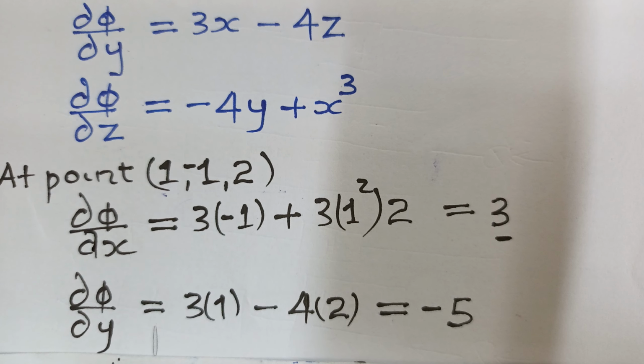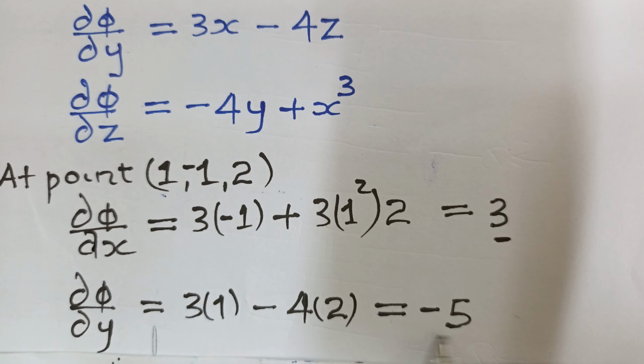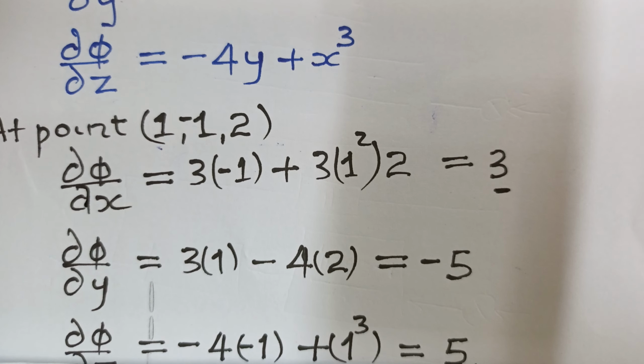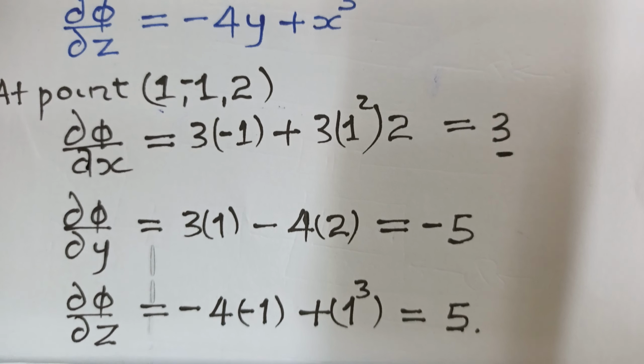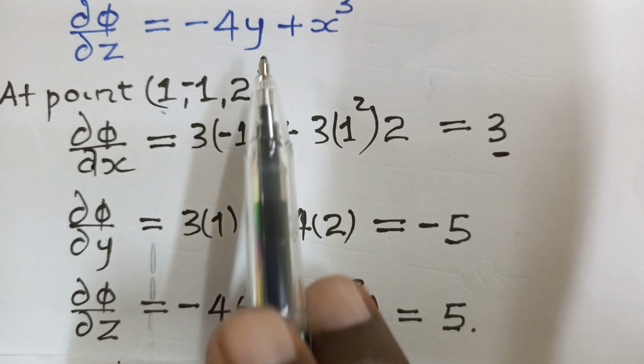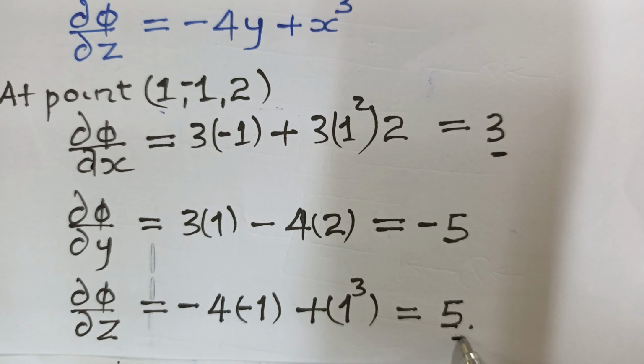We replace for x and for z. Therefore, we get -5. Now going to our last derivative, the partial differentiation with respect to z, we replace for y and for x, and we find our solution as 5.